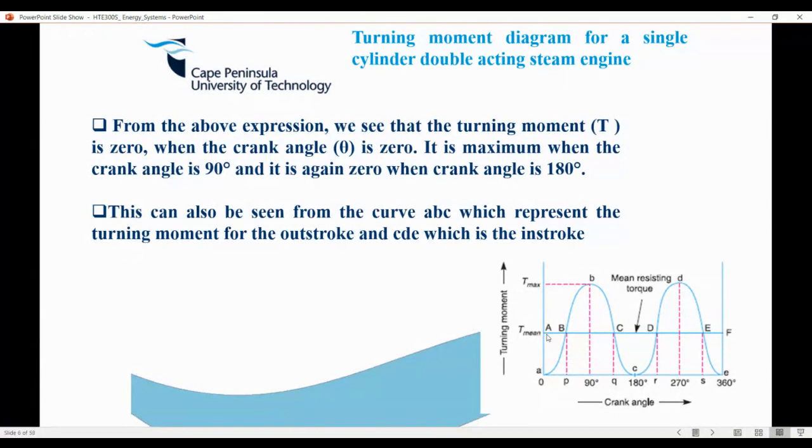And then the instroke, that means going from bottom to top, is c, d, e. So what we're seeing there is a double acting single cylinder, and we can see 2 strokes, right? You can obviously imagine what that is. It goes to the top, comes to the bottom, to the top, and so forth.